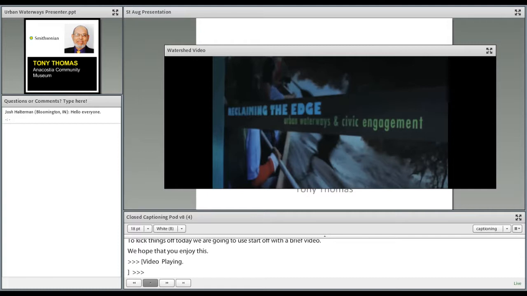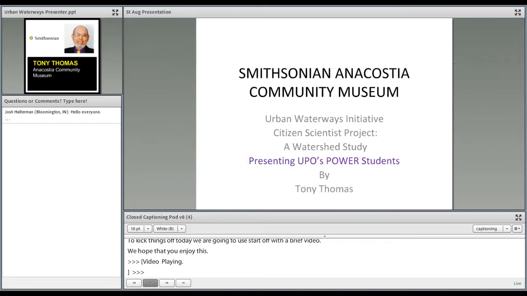Reclaiming the Edge, Urban Waterways and Civic Engagement was a mission-changing exhibition that the Anacostia Community Museum planned for 2012 through 2013.